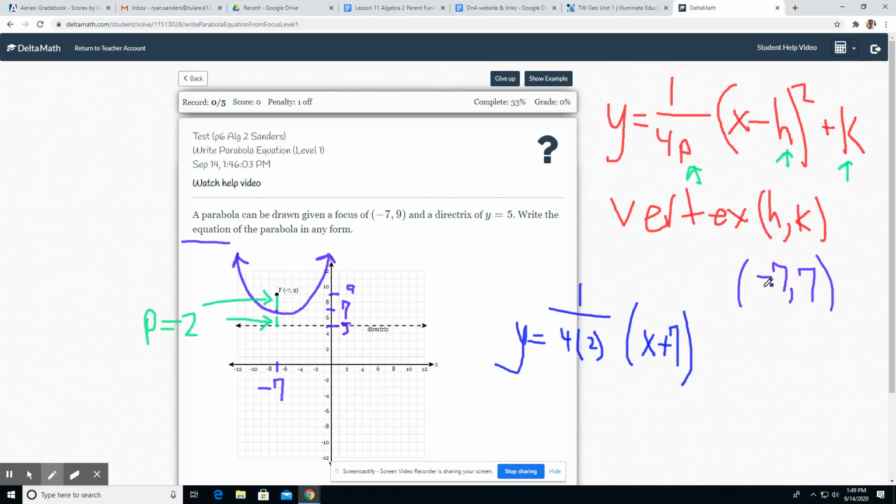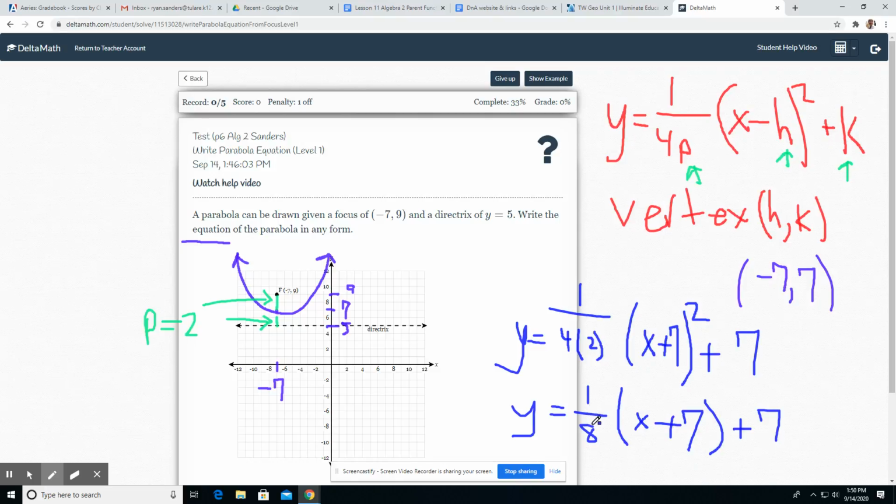It's the opposite of whatever that one is, plus the k value. K is the y that it ended up at, 7 on that one for the y. So I just simplify a little bit. Y equals 1 over 8. Oh, almost forgot my squared there. That's what makes it a polynomial. X is squared. (x plus 7) squared. Luckily, we don't have to simplify this all the way out. We want it in this form that helps us be able to graph it.